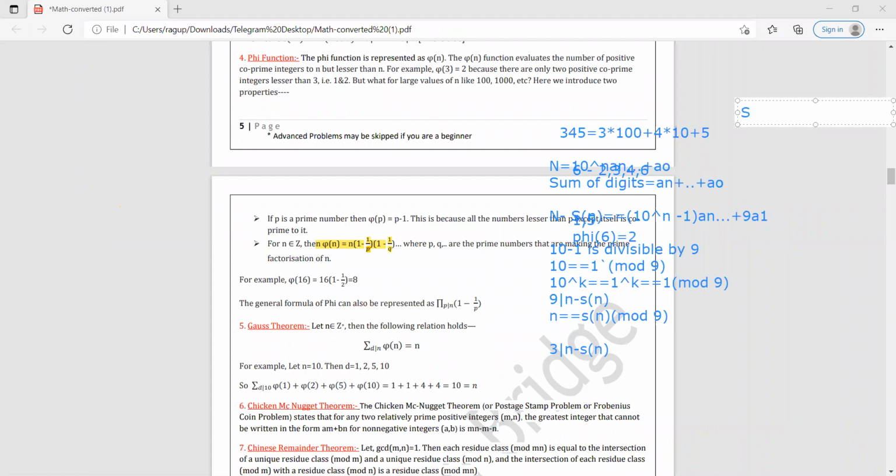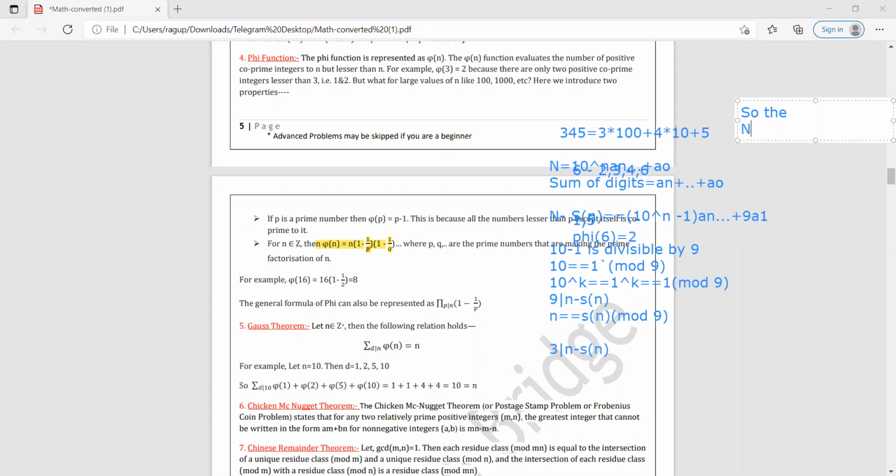The hint is to prove this Euler function. I'll first explain the formula because it is difficult to understand it in that way. First let's describe n.